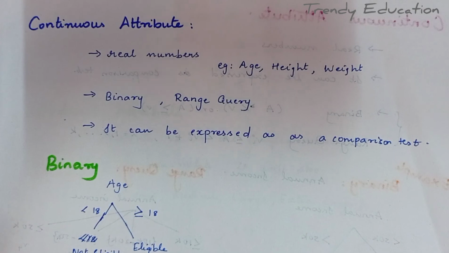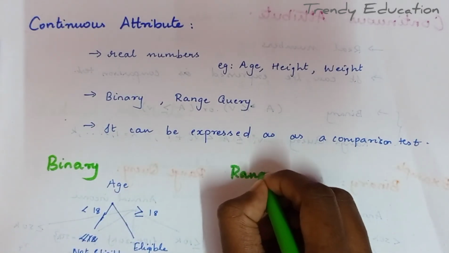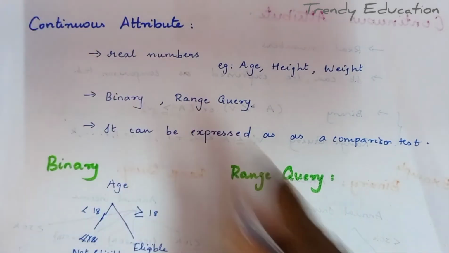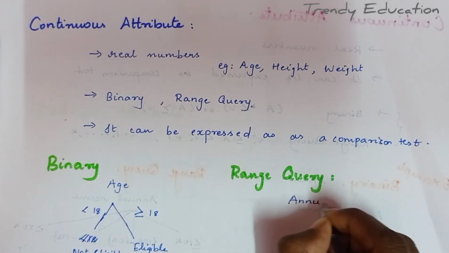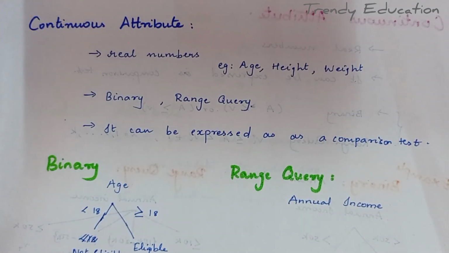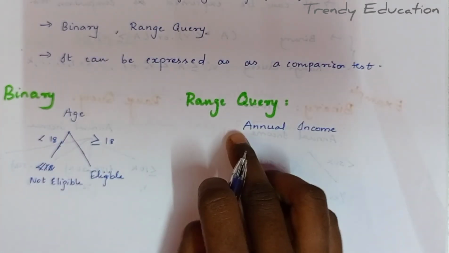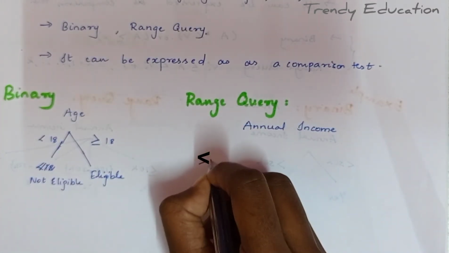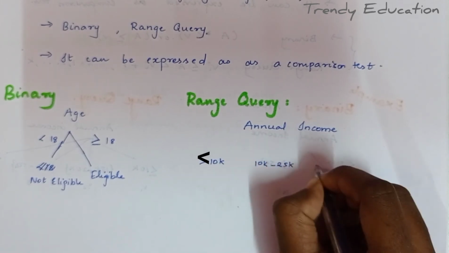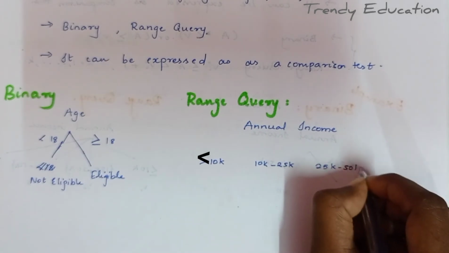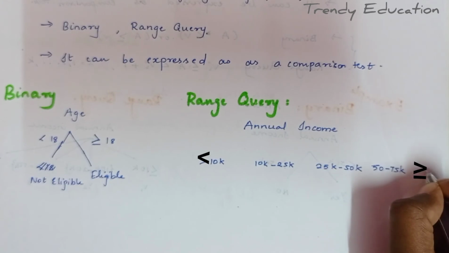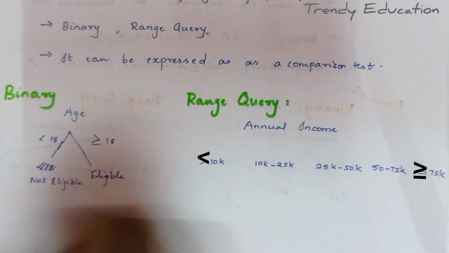Now coming to the range query. For the range query, I'm taking the example of the annual income of a family or a person. Take the annual income: less than 10k, 10k to 25k, 25k to 50k, 50k to 75k, and greater than or equal to 75k.